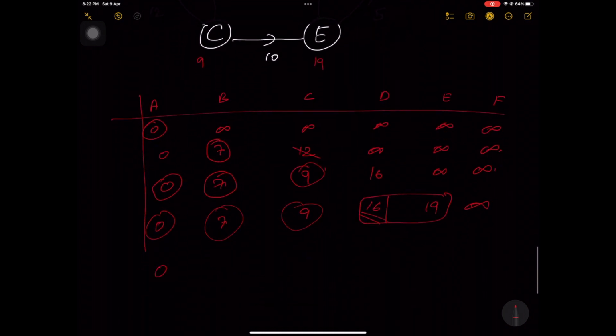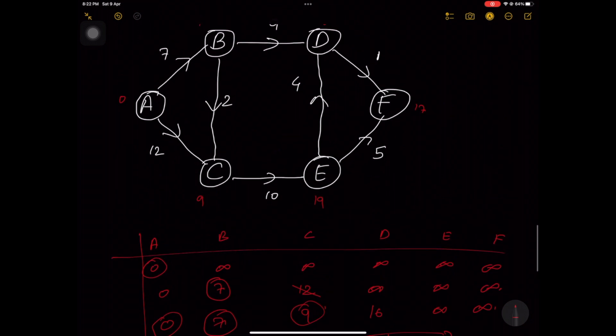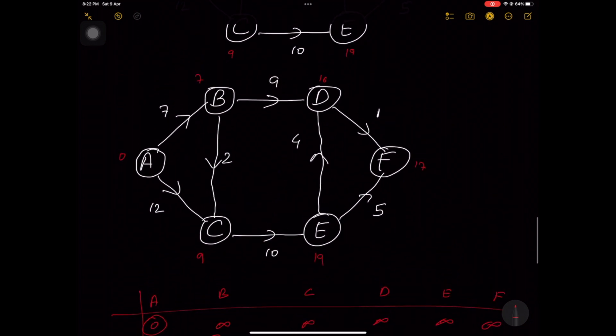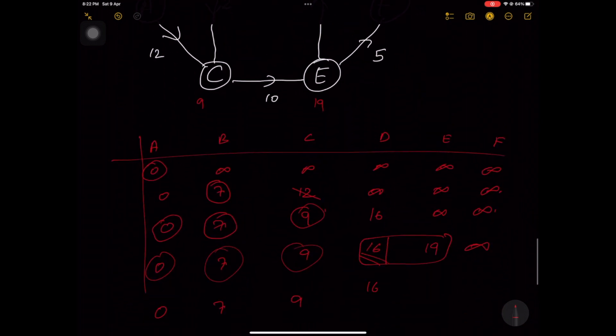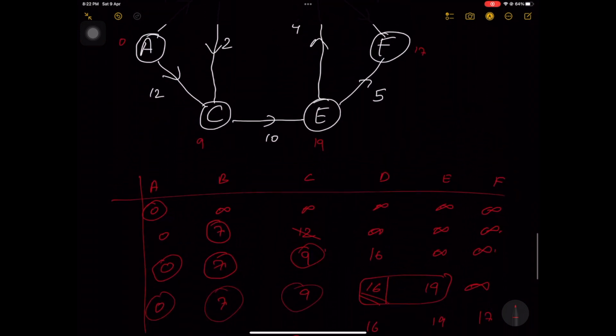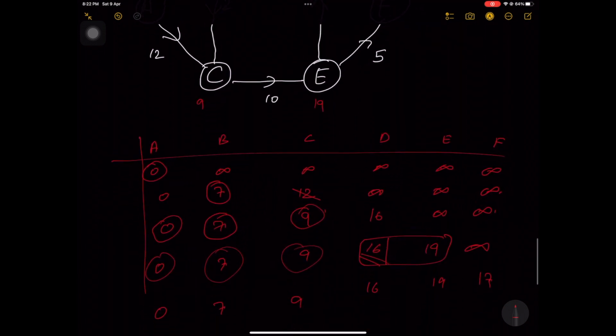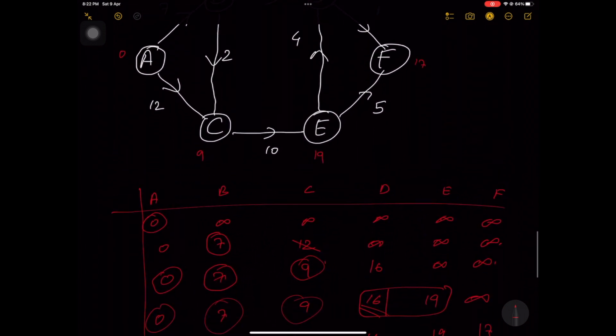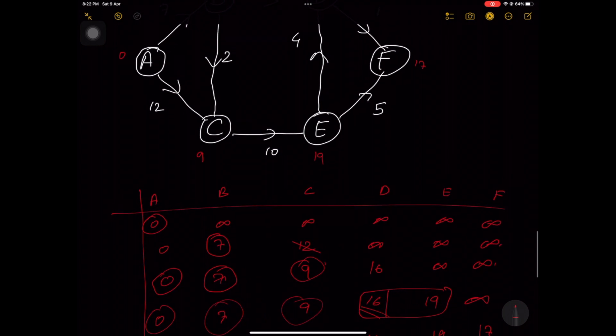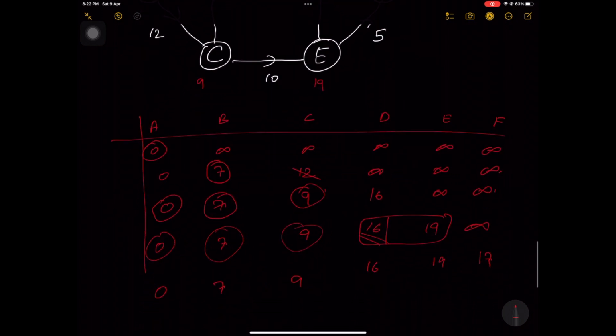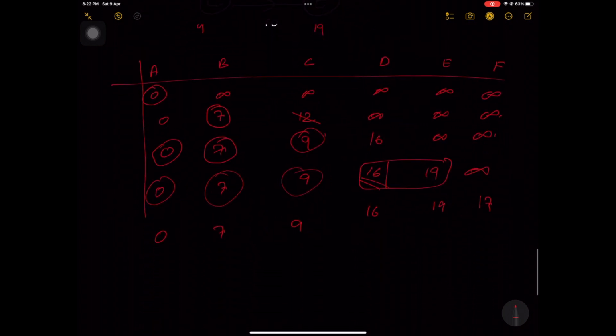We're at node D now, and D to F is 1, so that is 16 plus 1, which is 17, and this is 19. And lastly we'll visit node E, because from F you can't really go anywhere, and from E you can go to F, but that distance will be 19 plus 5, which is 24, and that's greater than 17. So we have the shortest distances.